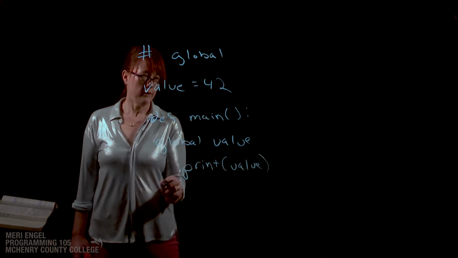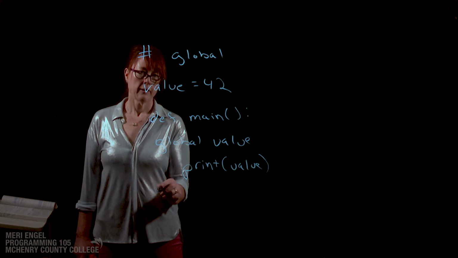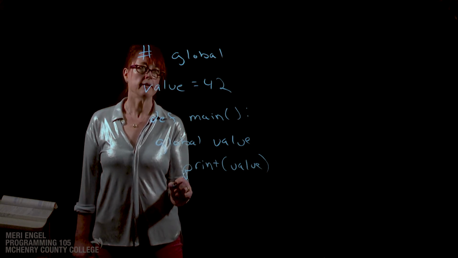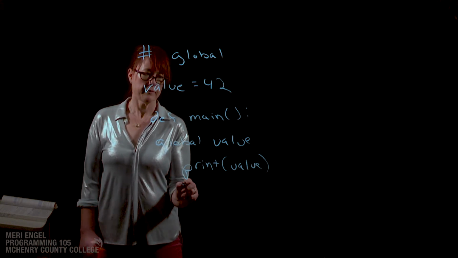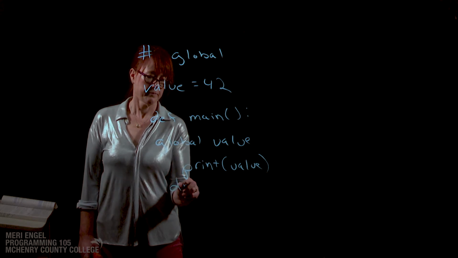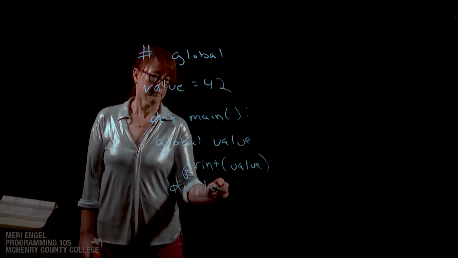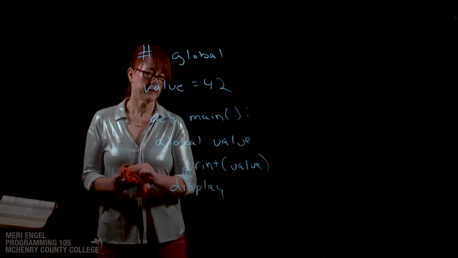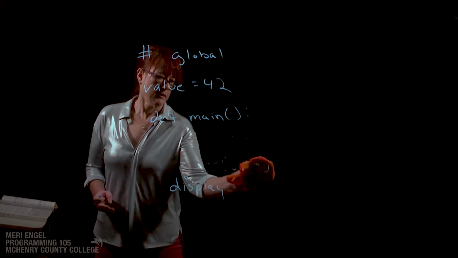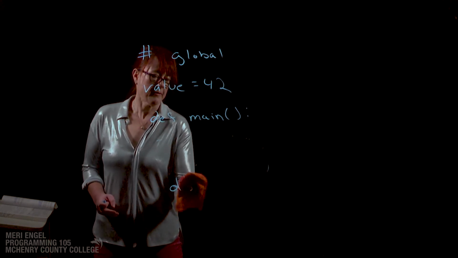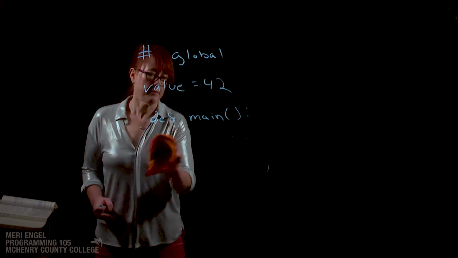And then we could call, let's say we have display as a function. And these should all be aligned. So we're inside the main method. Everything needs to be tabbed in, and we want that to be clearly indented.